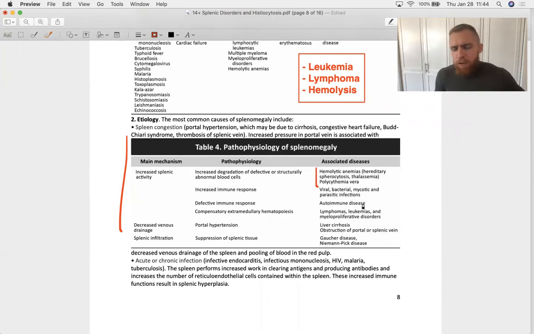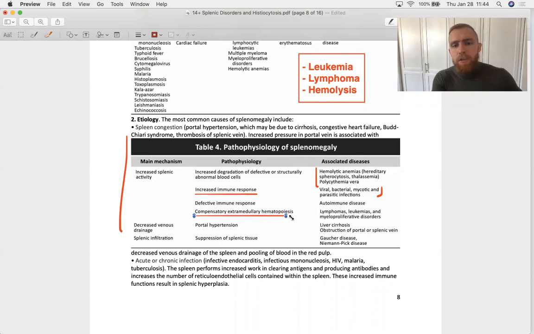And so the spleen's going to get real big as you're doing that and sequestering more and more red cells inside it. Same thing with an autoimmune thrombocytopenia, for example. Now, if you had a bad infection, spleen could swell up there. And particularly in mononucleosis, splenomegaly is just about a characteristic feature of that disease.